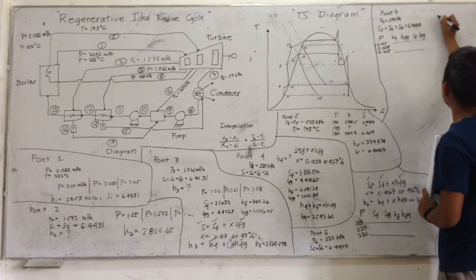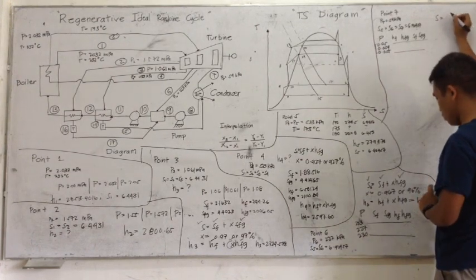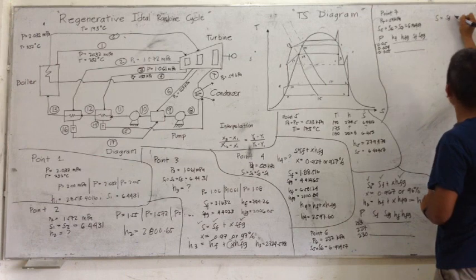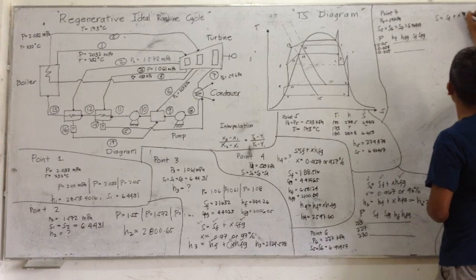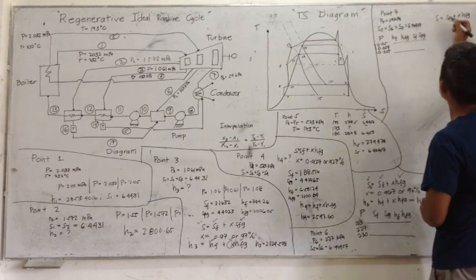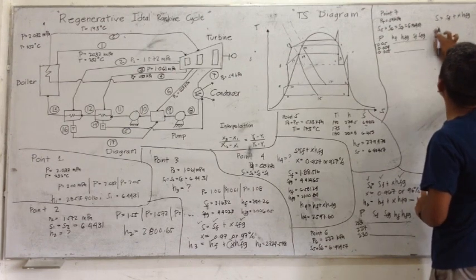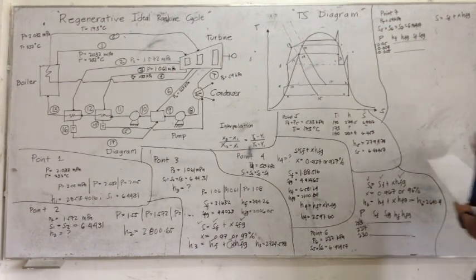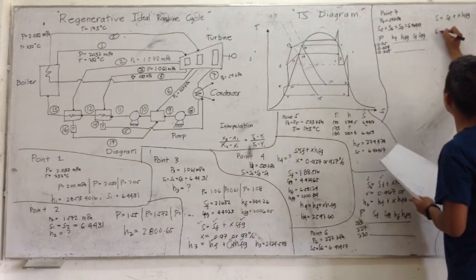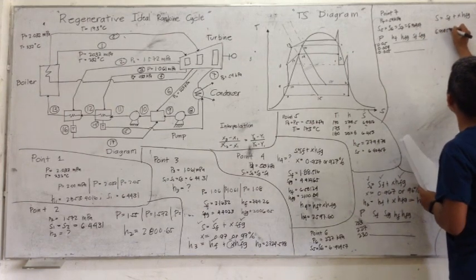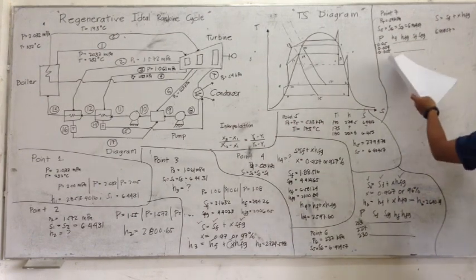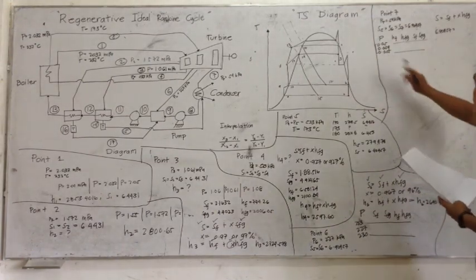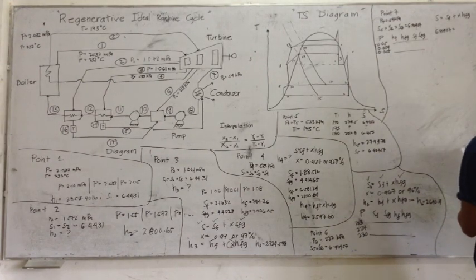We use the formula S is equal to SF plus X HFG. Here we have an S which is 6.90457, and SF, which we interpolate from the given pressures.